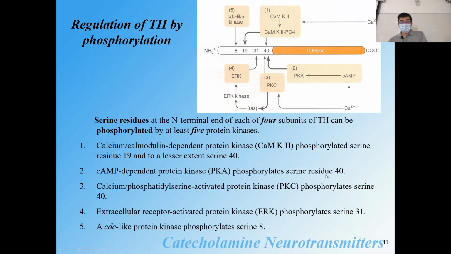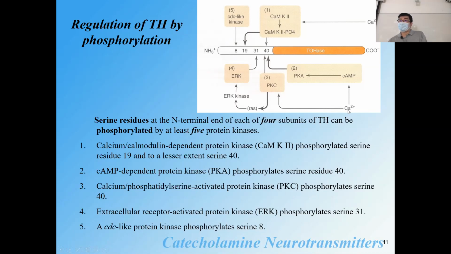The other one is the cyclic AMP dependent protein kinase, or sorry, the serine residue of 40. It depends on the calcium, and the less important sites are PKC at site 40, and ERK at 31, the extracellular receptor activated protein kinase. So you see that a lot of those are through calcium.